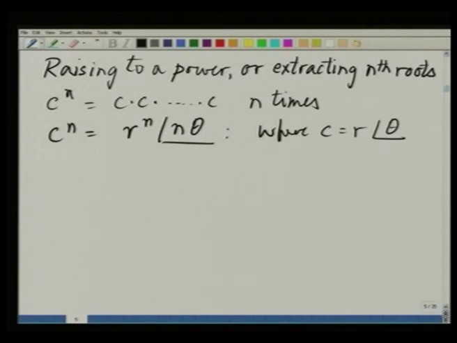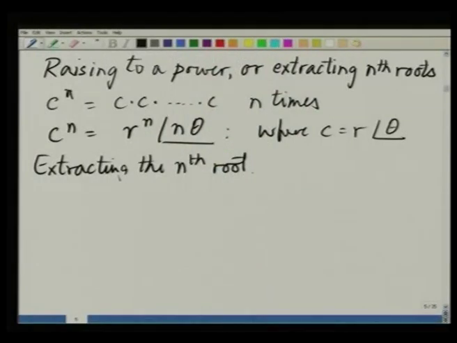Extracting the nth root, now this is more dangerous, it is a little complicated, because unlike c to the power n, which is a unique number, if you extract the nth root of c, denoted by this, then from our knowledge of algebra we should expect not one nth root, but n nth roots.